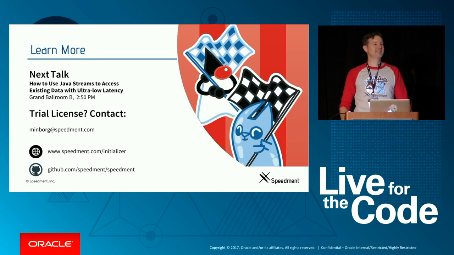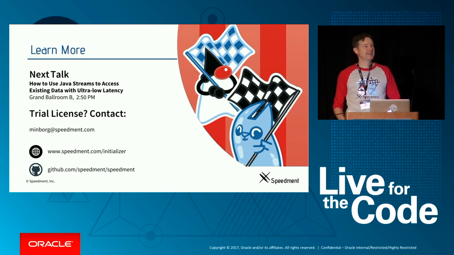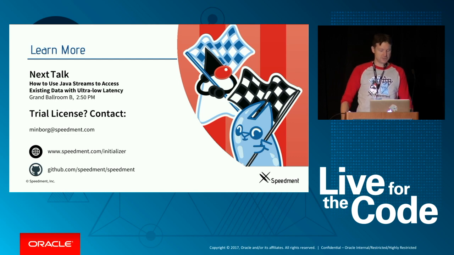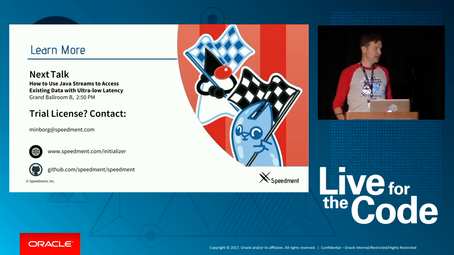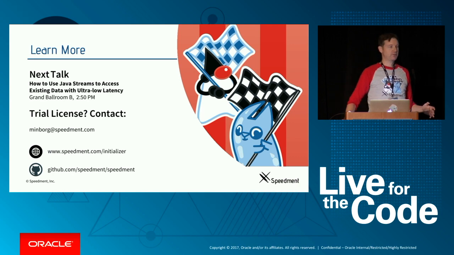When you wrote the database in memory, are you taking care of deletes and modifications and all those things, or is it a one-time thing? The question is, is this a one-time operation, loading everything into memory, or how is that handled? The thing is that Speedment is working with something called snapshots.